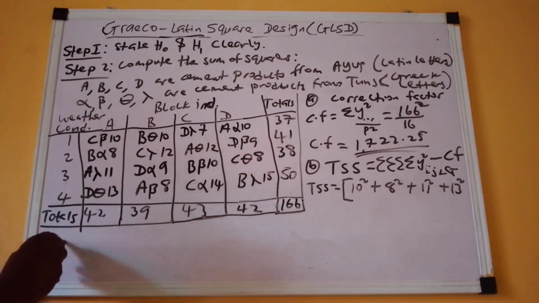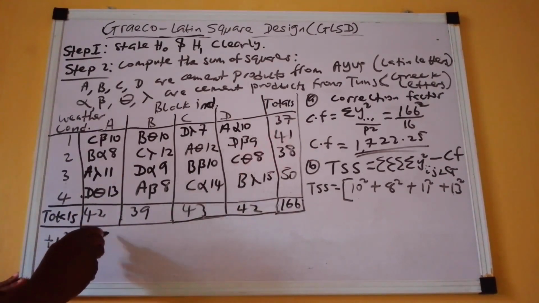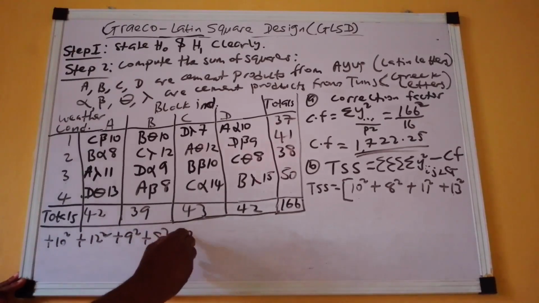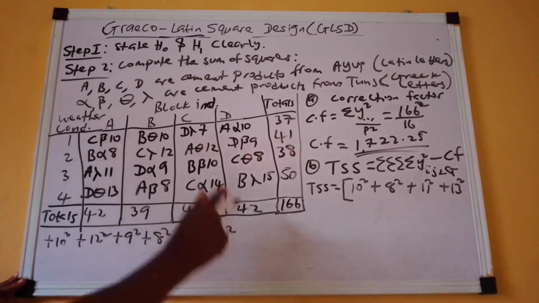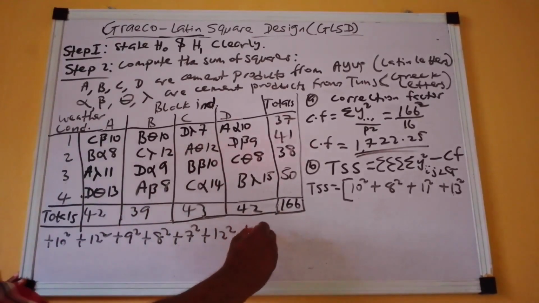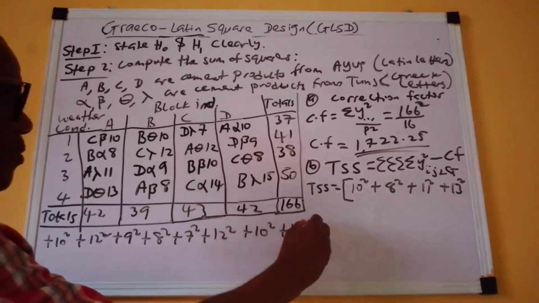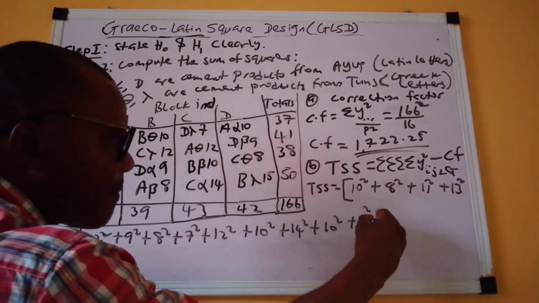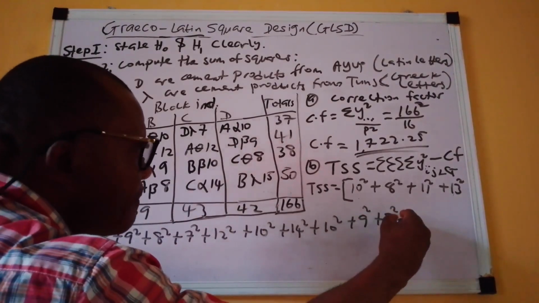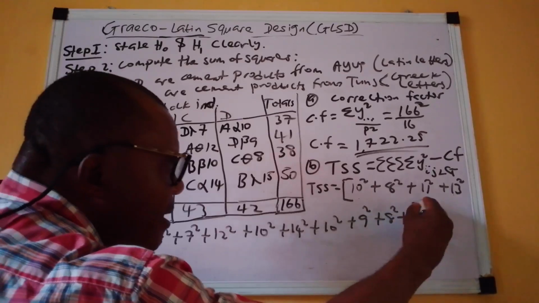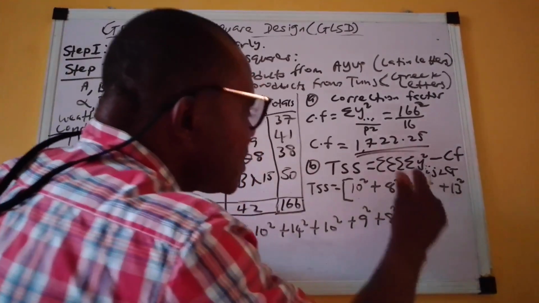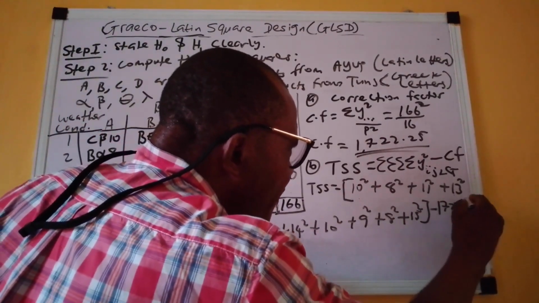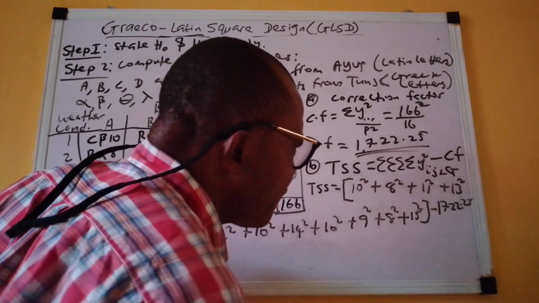Then plus 10 squared plus 12 squared plus 9 squared plus 8 squared plus 7 squared plus 12 squared plus 10 squared plus 14 squared plus 10 squared plus 9 squared plus 8 squared plus 15 squared, then minus our correction factor, 1722.25.